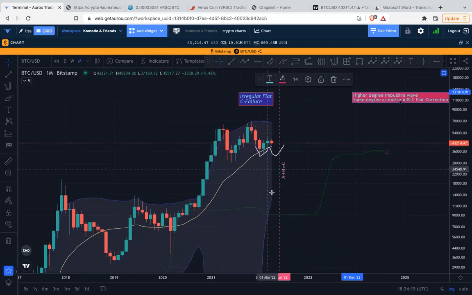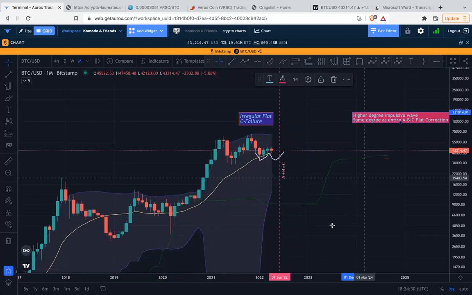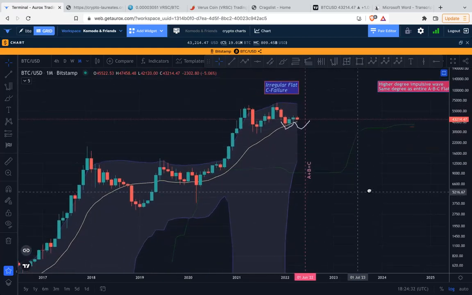Top of the Bollinger Band comes to the lower end of the Bollinger Band. Lower end of the Bollinger Band comes to the top of the Bollinger Band. That's just how it works. And then sometimes it stretches them to the upside or to the downside. But the principle of the Bollinger Band is goes to the top, goes to the bottom, goes to the bottom, goes to the top.